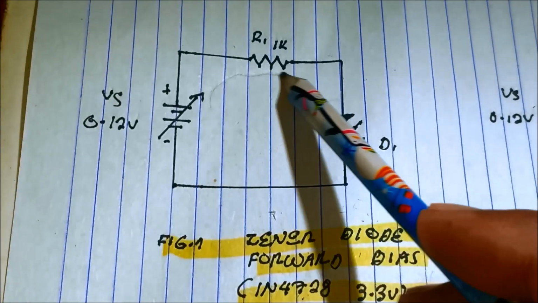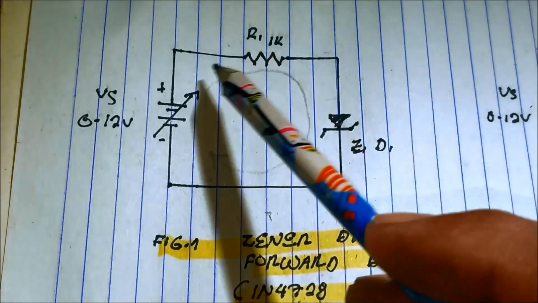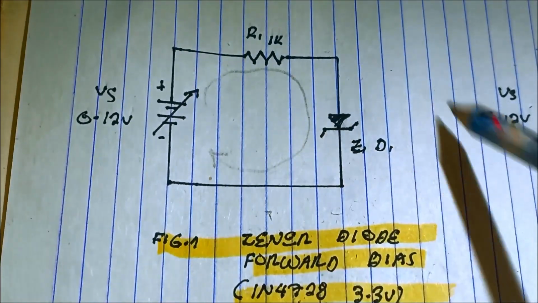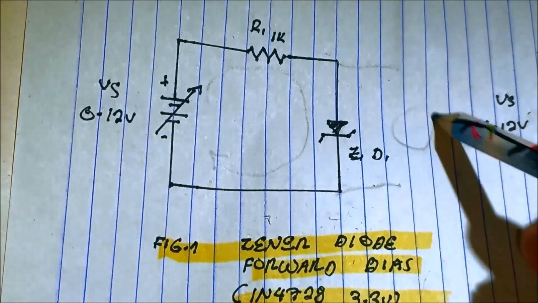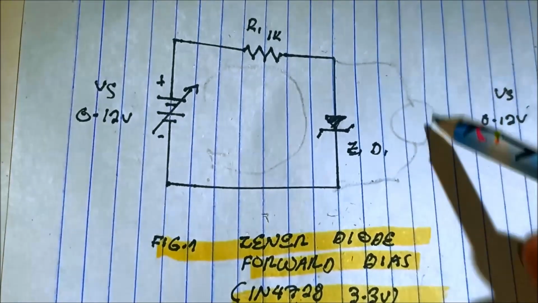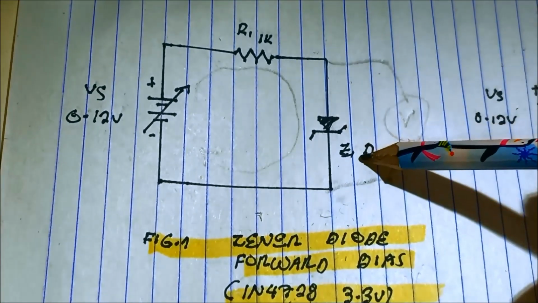So the current flows in the conventional direction. We connected the tester here, in parallel with the Zener diode.